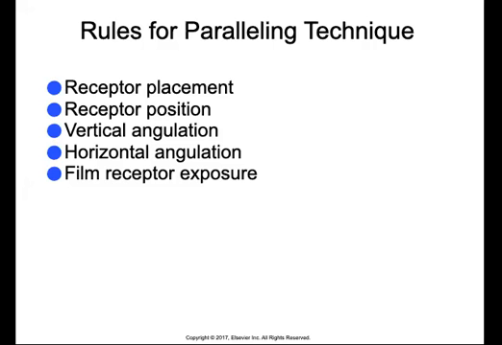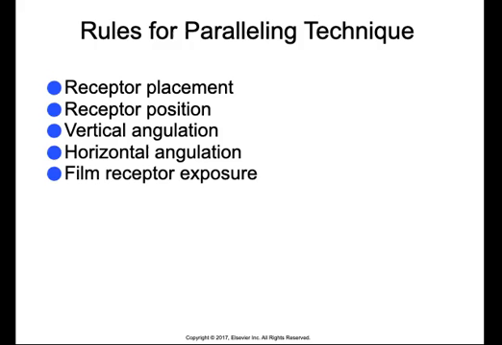The receptor and beam alignment device must be placed away from the teeth and toward the middle of the oral cavity. Vertical angulation is when the central ray of the X-ray beam is directed perpendicular, such that you create a right angle to the receptor and the long axis of the tooth.